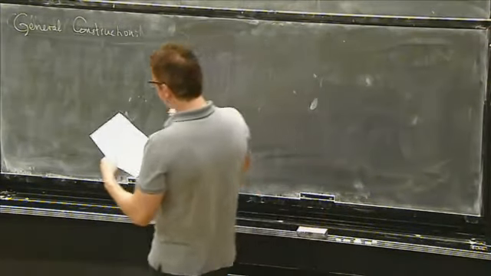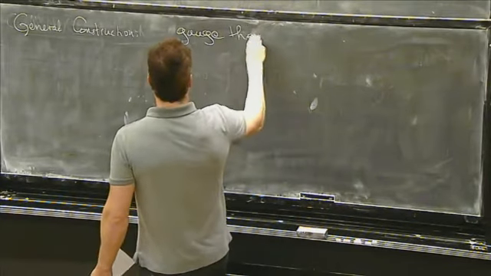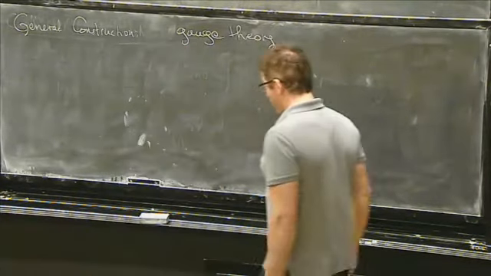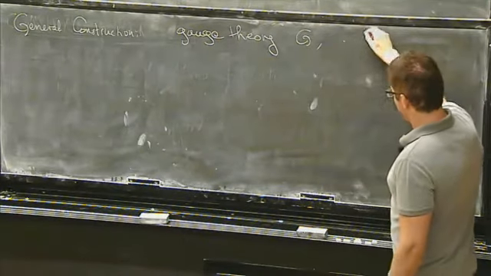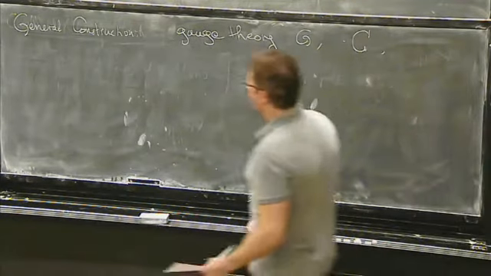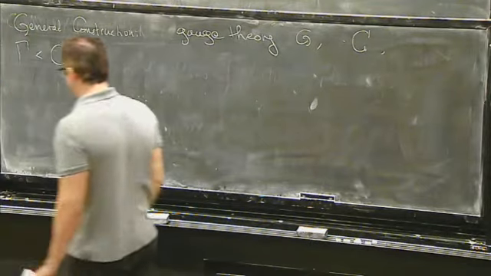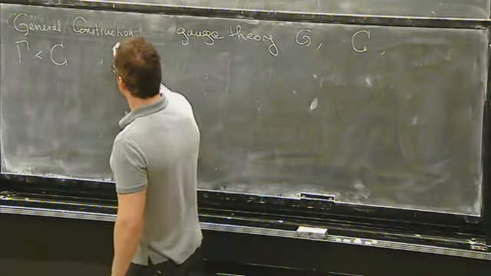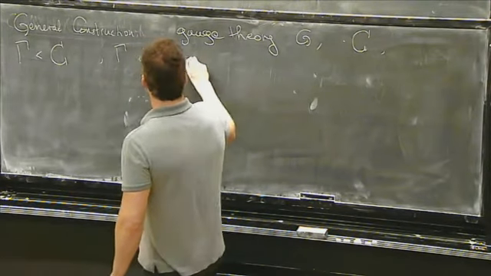So suppose you have a gauge theory in any number of dimensions, with some gauge group G, and the gauge group G has a center C. Suppose gamma is a subgroup of the center such that gamma doesn't act on the matter fields.